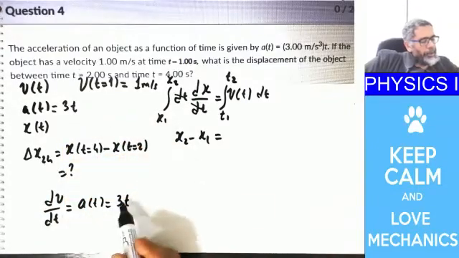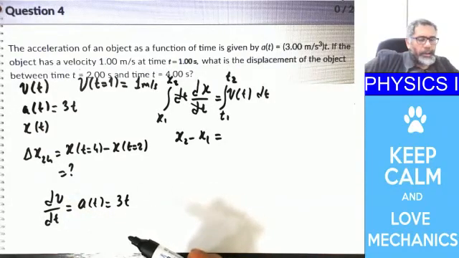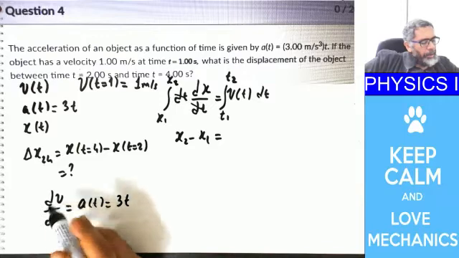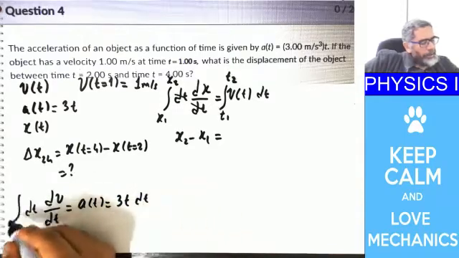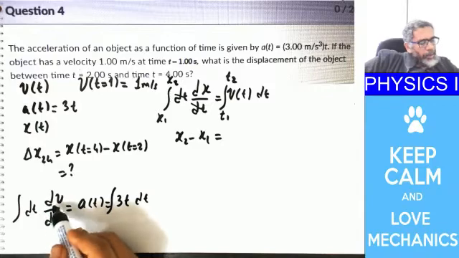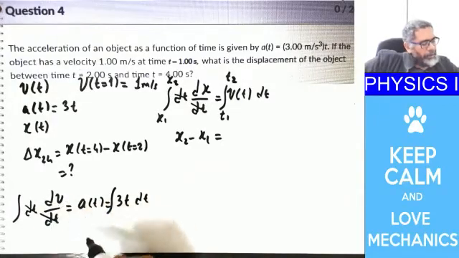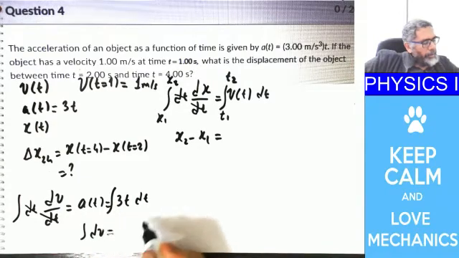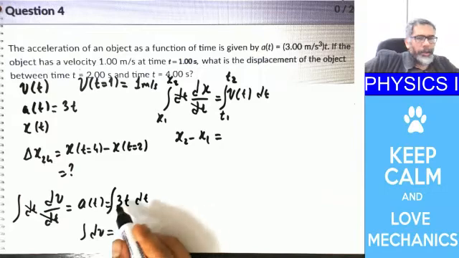So from this, can you find v? Again, to find v, just multiply both sides by dt and take the integral, right? And as you see, the left hand side of this integral is just dv, and the right hand side is 3t dt, and it's very easy to take this integral.